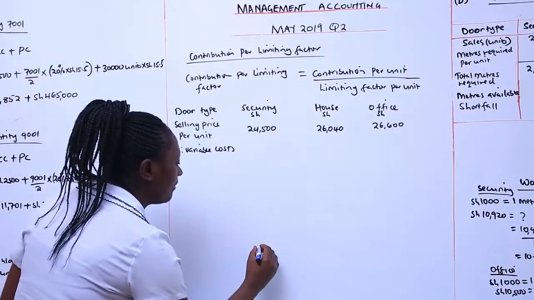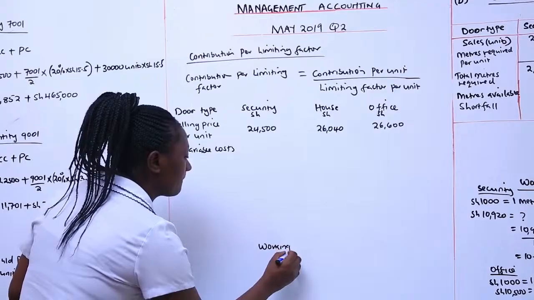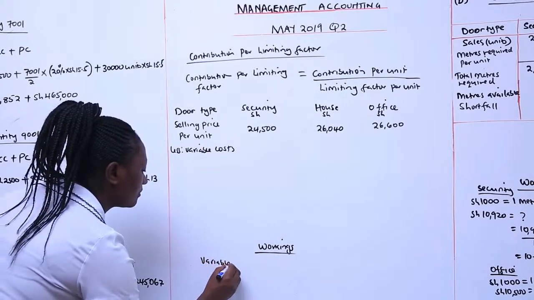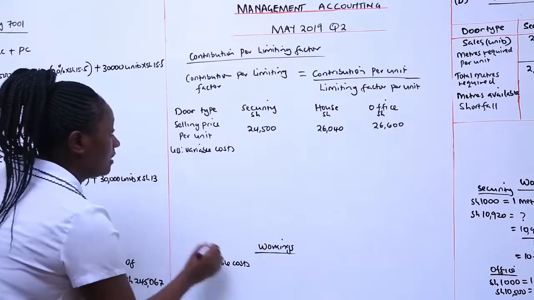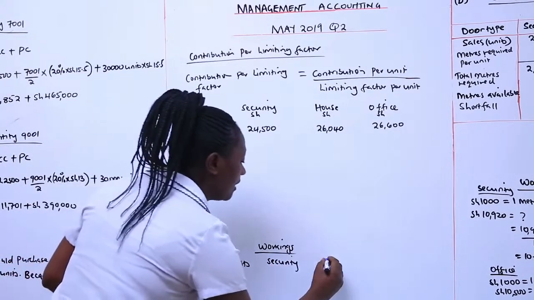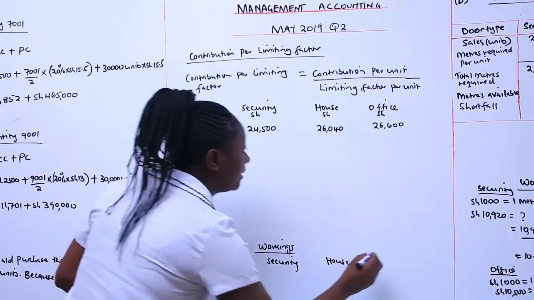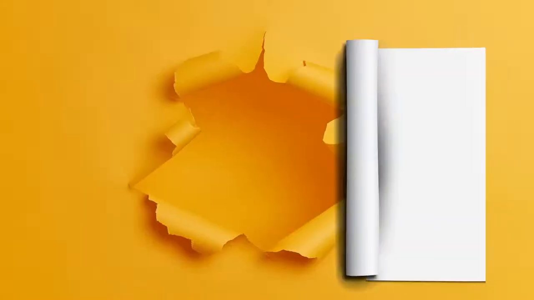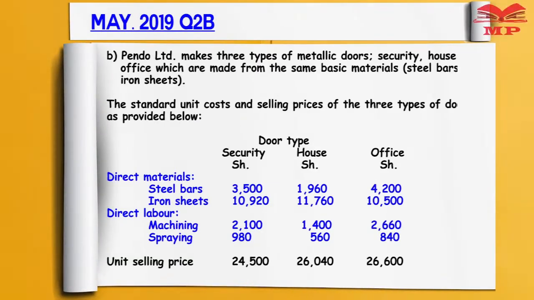I'll do this under our workings, variable costs. Variable costs I'll do for security, for house, and for office. So the variable costs given, we have direct materials, steel bars and iron sheets. And then we also have labor, machining, and spraying.